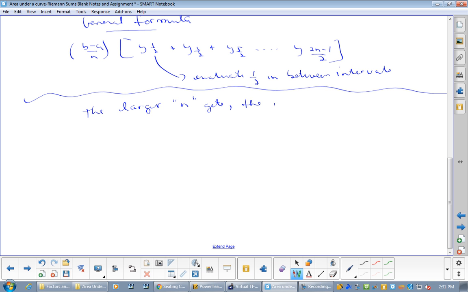The more rectangles, the better approximation we can get.